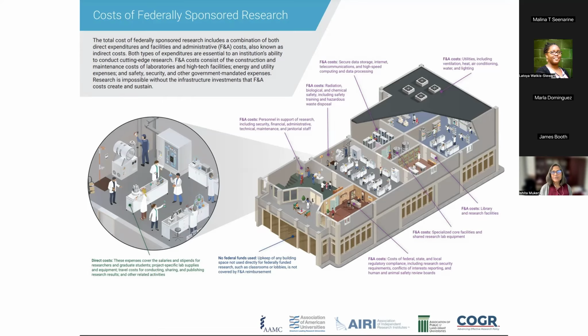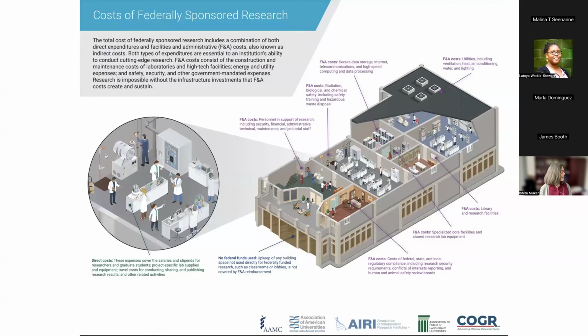Library and research facilities would also be covered under indirect costs, as well as, and this is an important one for us, specialized core facilities and shared research lab equipment. Those are also supported through indirect costs, as well as costs associated with general maintenance of the building, like utilities, ventilation, heat, air conditioning, water, and so on.